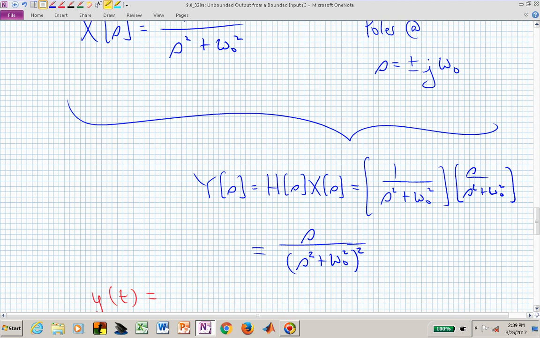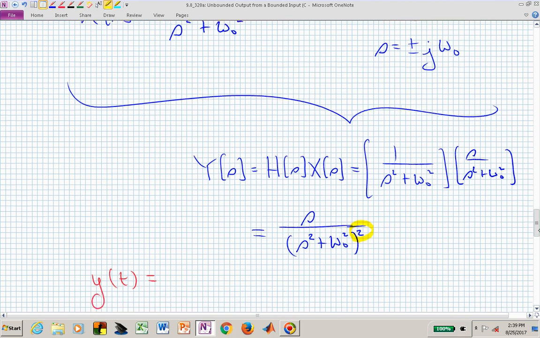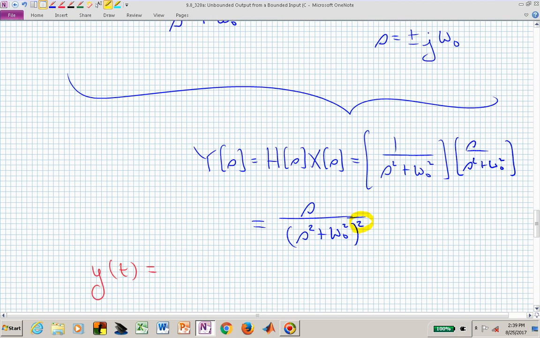And what do we know happens when we have a repeated pole? That's when we can say this mantra: put a t in front of it. So now y of t becomes t times, and if we don't worry about what the exact numerator is, we know that we have some kind of combination of cosine at the input frequency, omega naught t, plus a sine wave.